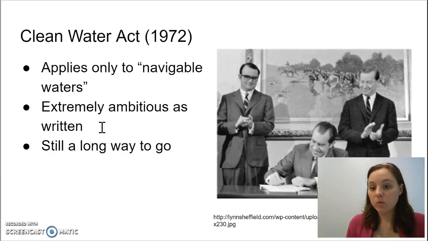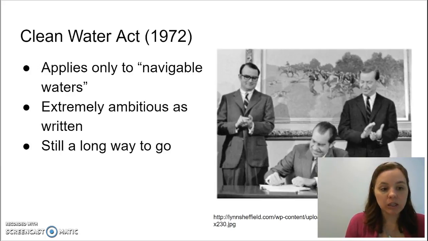And in 2004, some states surveyed the bodies of water within their boundaries and found that 44% of rivers, 64% of lakes, and 30% of estuaries were impaired. And impaired just means that they are not clean enough to support their designated use.